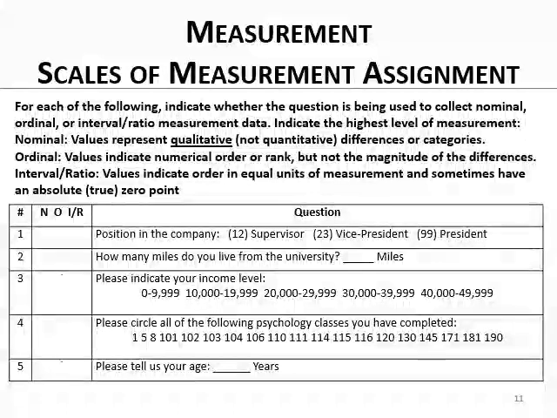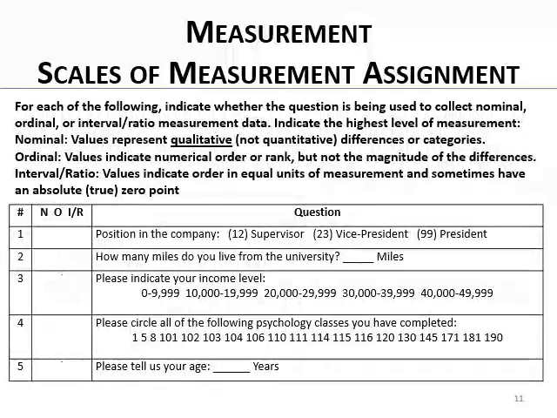For number 1, position in the company: supervisor, vice president, president. And you can see there are some numbers representing those categories. So what scale of measurement is this? Well, everything's always nominal, right? So can we get to ordinal? If you are higher on here, are you in a higher position in the company than lower?